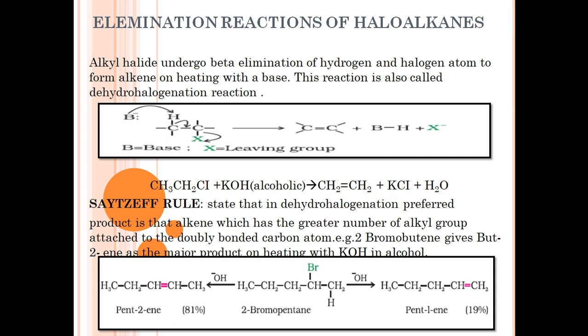B is representing the base, and CH3CH2X, X is a leaving group over here. We get alkene plus BH plus halide ion. CH3CH2Cl, when reacted with alcoholic KOH, will give ethene plus KCl plus H2O.